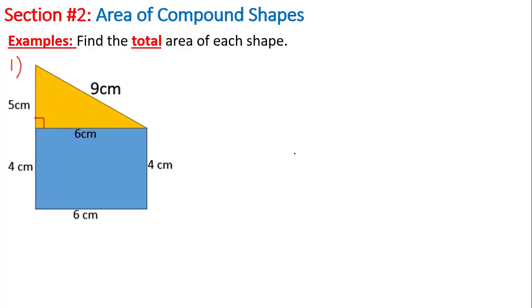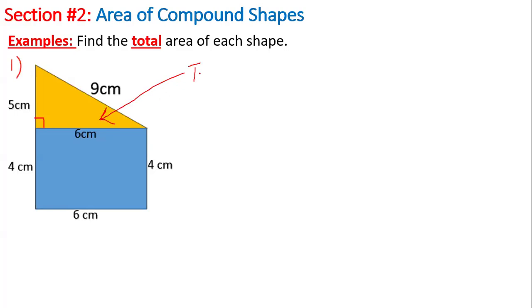Excuse me, Mr. Petit. When we find the total area of each shape, does that mean we have to add all the areas together? Yes. So we have to first find the area of the triangle, because this is a triangle.